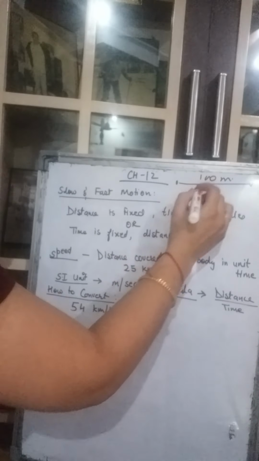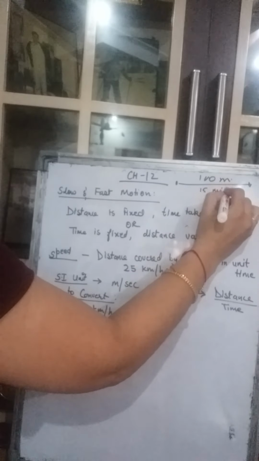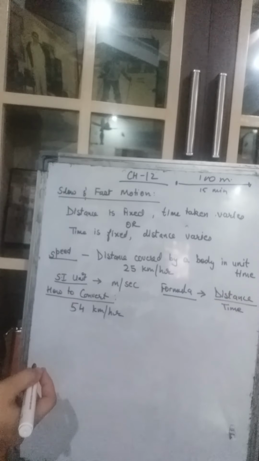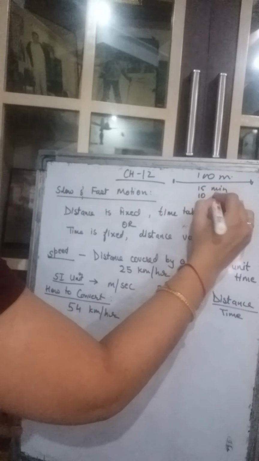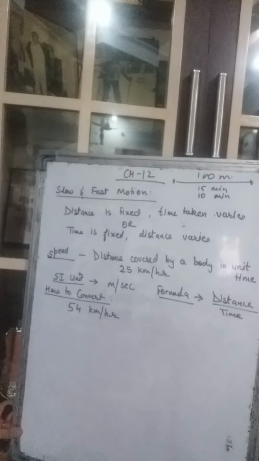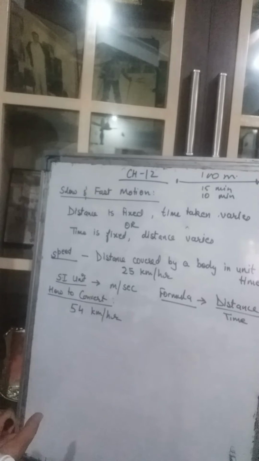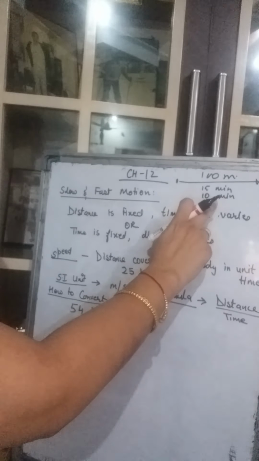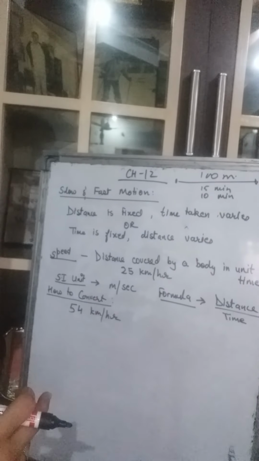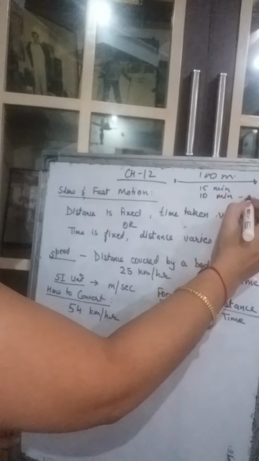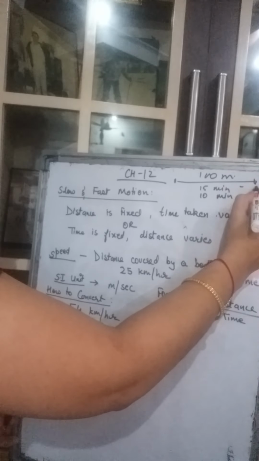One vehicle is taking 15 minutes to cover this distance and the other is taking, let us say, 10 minutes. So can we find out which vehicle is moving faster? Yes, the one which is taking less time is moving faster, isn't it? So this is fast and this is slow.